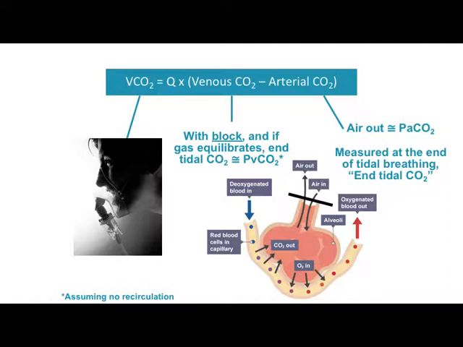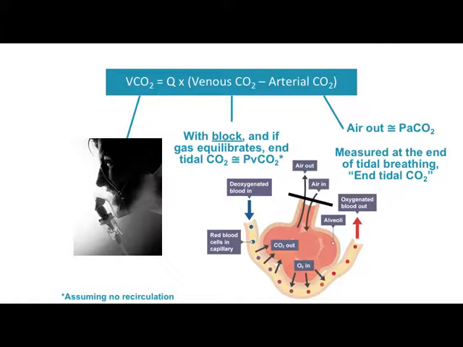There are a few caveats with this. Number one, this assumes that we have no recirculation. In other words, it assumes that we reach a point of equilibrium. But there's a problem. We can close off the lungs to collect CO2, but we can never stop the input of CO2 from the body.